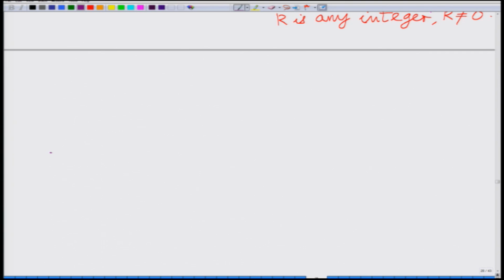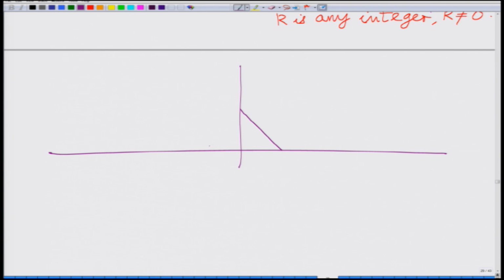So, let us plot this. We have our m delta f, which looks something like this. Let us say it is not aliased. So this is your m delta f, this is your Fs, which is 1 over Ts, this is your Fs by 2, 1 over 2 Ts.